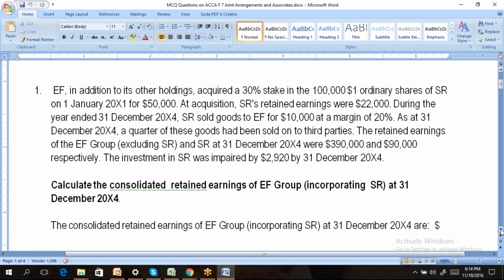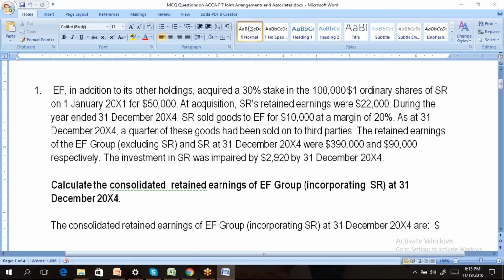So when we acquired the company, it was 22,000 and now it is 90,000. What is the post acquisition profit? 90 minus 22, 68,000. What is our share? 30% of that.